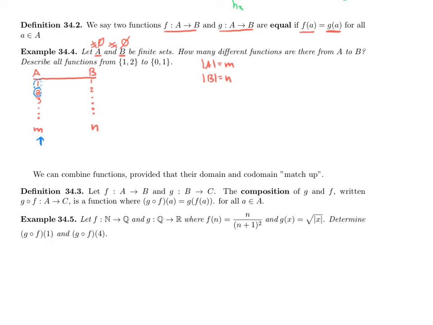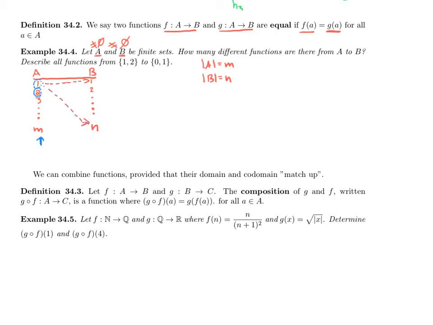Okay, now that we're back, let's start with the element 1 in the domain. 1 can go to any one of these N elements. If you wanted to, it could be mapped to 1, it could be mapped to 2, 3, 4, 5, could be mapped to N, whatever.